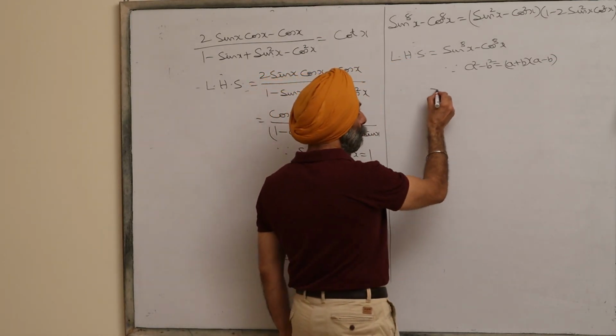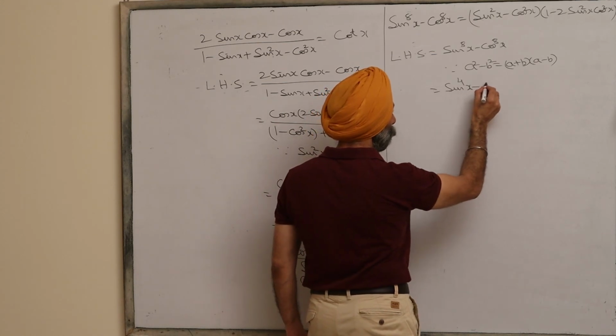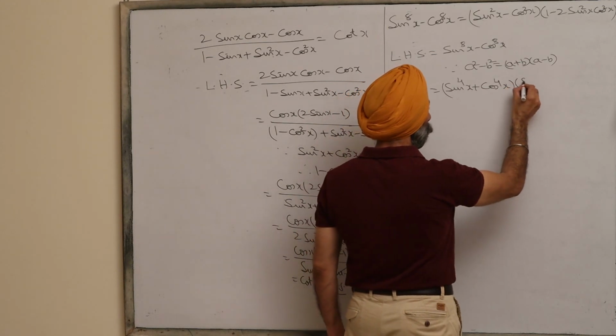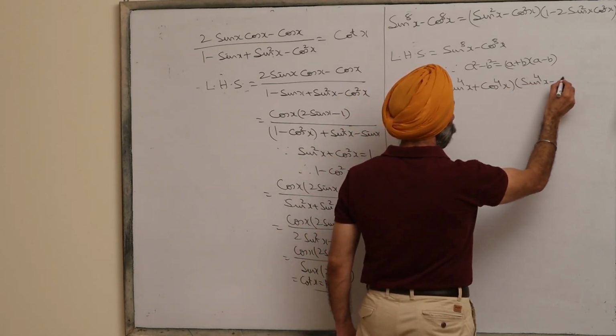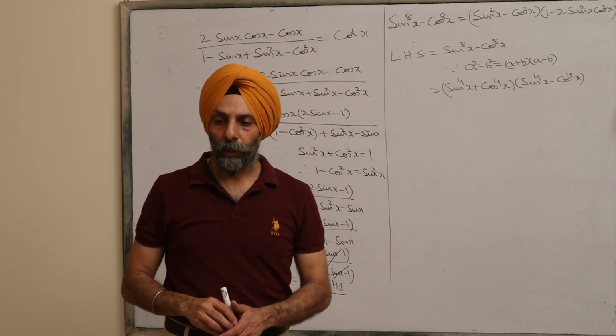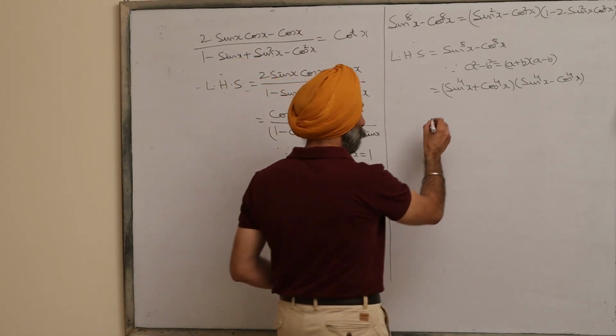So that means the above relation can be split up as sin 4x plus cos 4x into sin 4x minus cos 4x. But the second term can be again factorized. How?